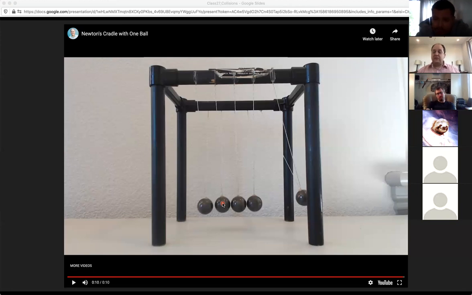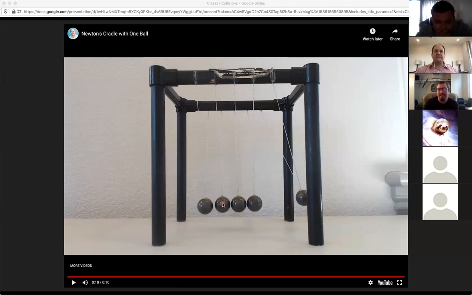Okay, so any other forces that would conserve the momentum of these objects? How about forces that would not conserve the momentum of these objects? Air resistance.